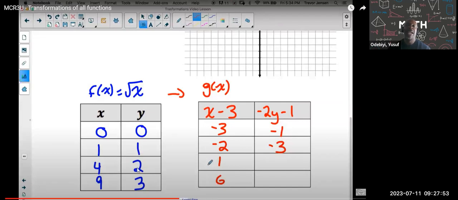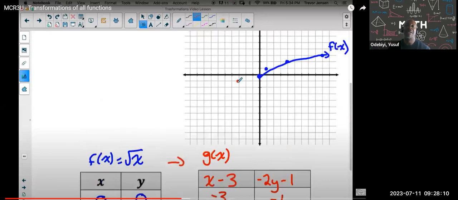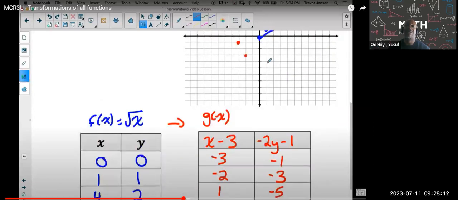Okay, and then -2 times 2 is -4, -1 is -5. Right, and the last one, -2 times 3, so it's going to be -6, -1, should be -7. Okay, I'm going to play it from here so you can see the plot.